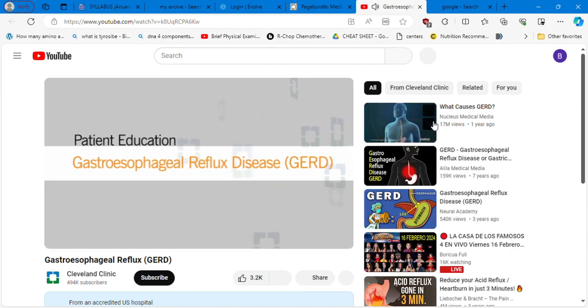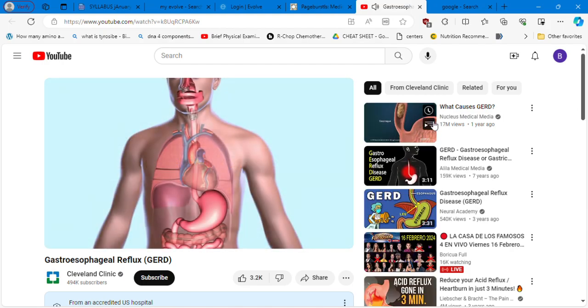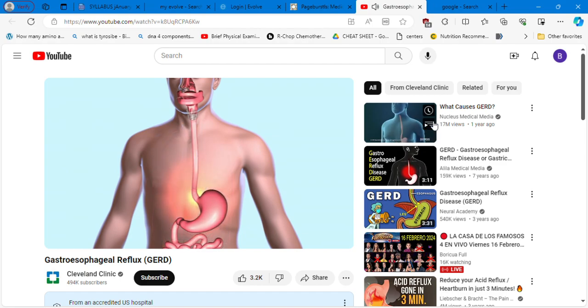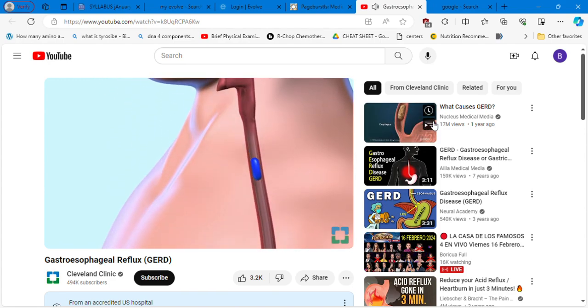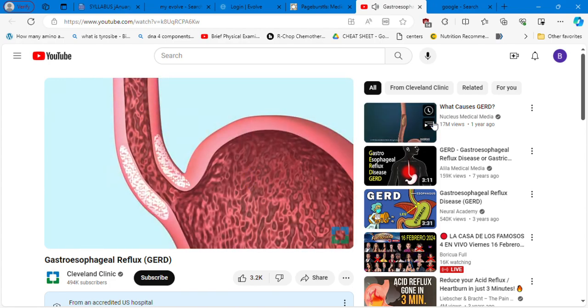GERD. Gastroesophageal reflux disease, or GERD, is a condition that causes the burning sensation known as heartburn. When you swallow, food passes down your throat and through your esophagus or food tube to your stomach. A muscle called the lower esophageal sphincter controls the opening between the esophagus and the stomach.